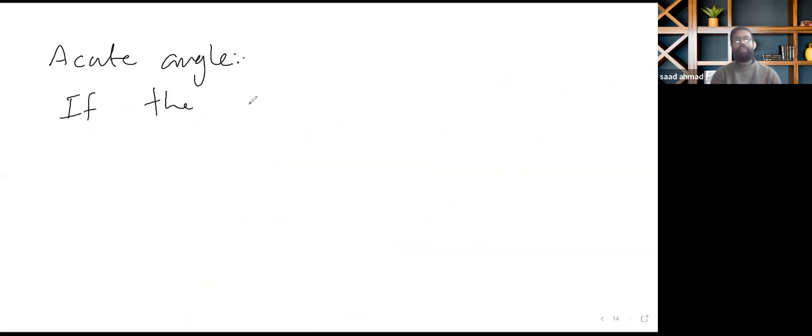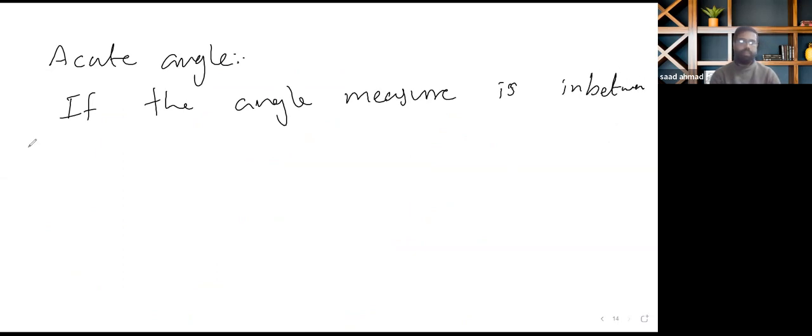Now there are some more classifications, that is the acute angle. If the angle measure is in between 0 and 90 degrees, then we call it an acute angle.